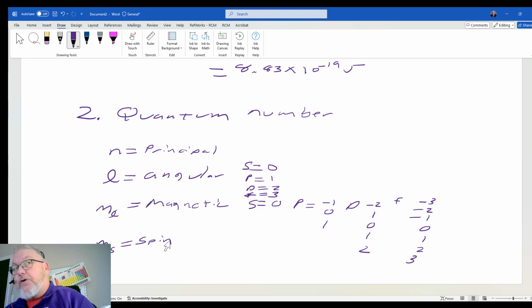Because for an electron, this is Hund's rule, or no, the other one. You can only have 2 electrons in an orbital. And if you do have 2 electrons, they can't have the same spin. So one of them will flip and go to the opposite spin. The two numbers there would be plus 1/2 or minus 1/2.